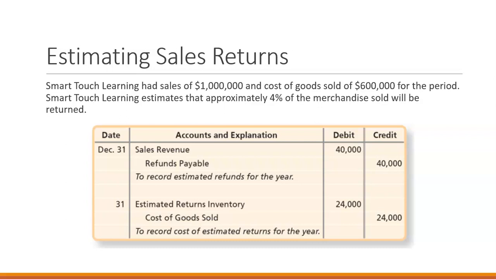So we do an adjusting entry to estimate refunds coming up for the year. We debit sales revenue and credit refunds payable. This creates a payable in case people actually do return goods. Same thing, we have an estimated returns inventory, which is a reduction of cost of goods sold.